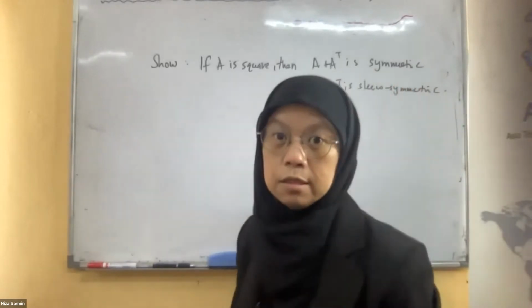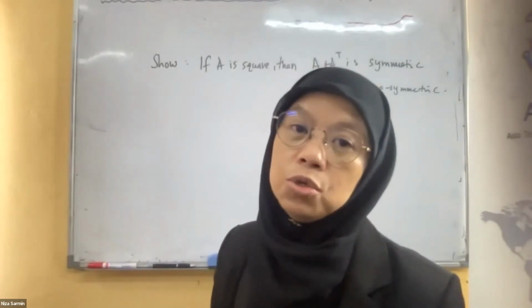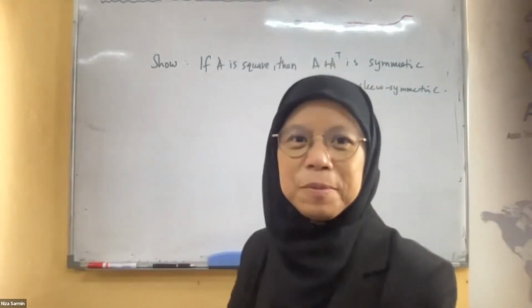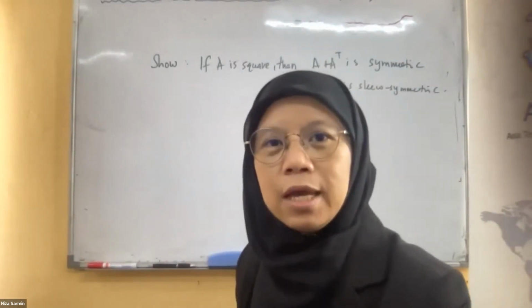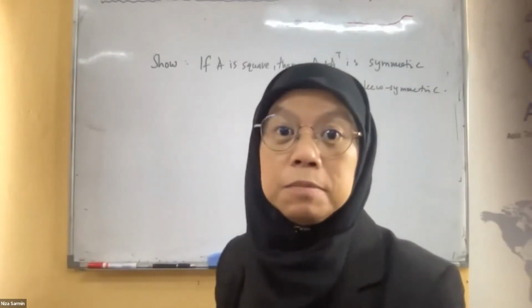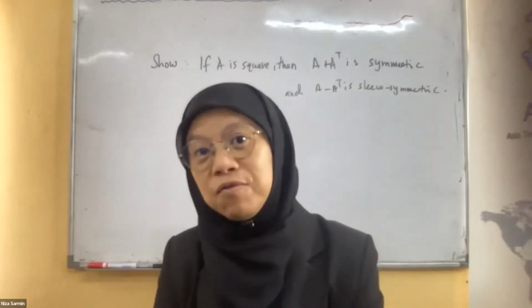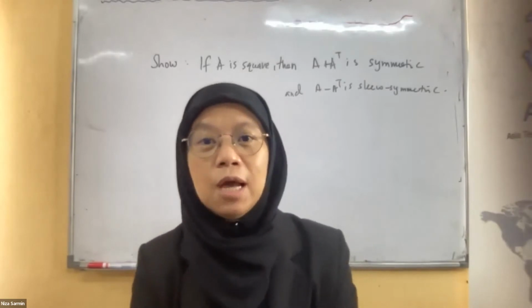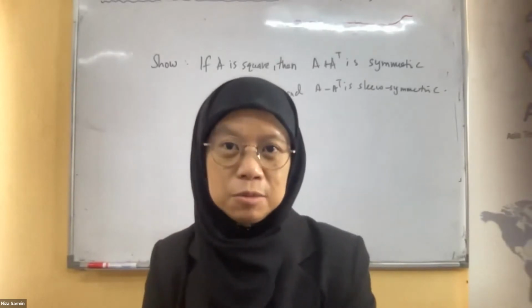I did this during class, but I show using half of this. You remember? Any matrix A can be written as S plus P. S is half A plus A transpose. P is half A minus A transpose.